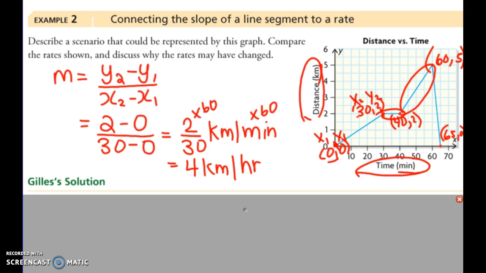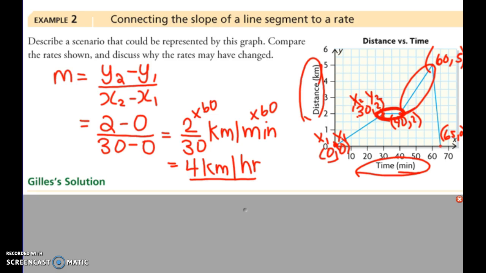The first segment could be the person walking, leaving their home, because they're walking at a rate of 4 kilometers per hour. In the second section right here, they don't travel any farther. Their distance doesn't change, but their time changes. So they obviously get to their destination, and they stop there for approximately 10 minutes.